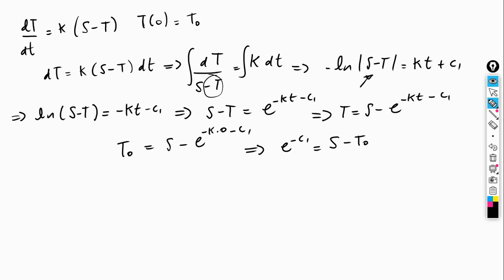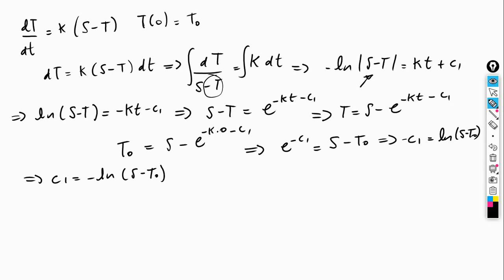And then again, applying the properties of logarithms and exponents, we could get that minus C1 is equal to the natural logarithm of S minus the initial temperature. And that means that C1 is equal to minus the natural logarithm of S minus the initial temperature.